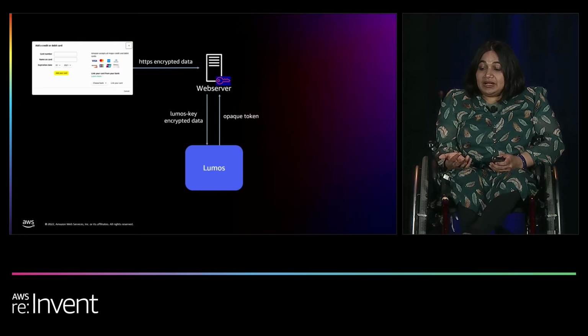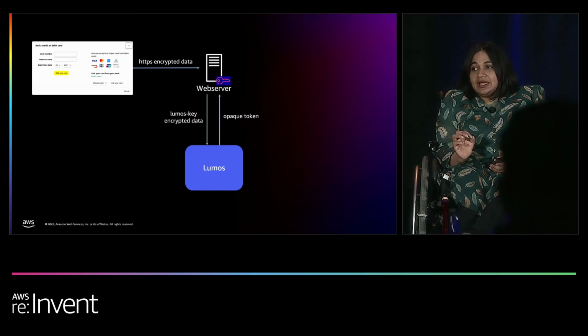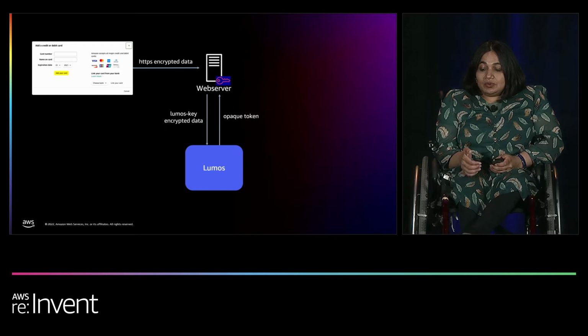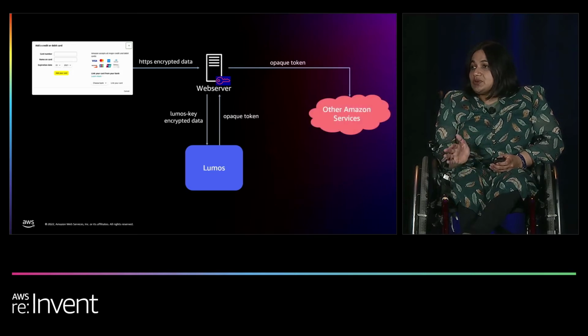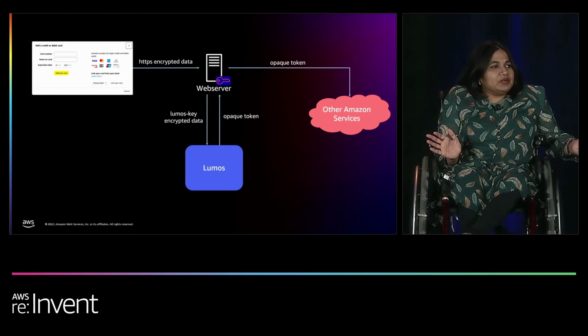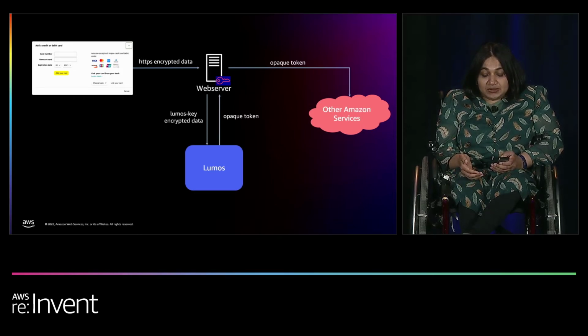For example, Lumos generates an opaque random token and associates this with your information. So now this token is sent to other Amazon payment services. Since the token has no meaning outside of Lumos, they don't need to be paranoid about it. Even if an attacker gets a hold of the token, they won't be able to do anything with it without an external meaning.